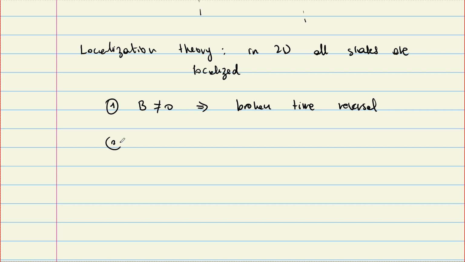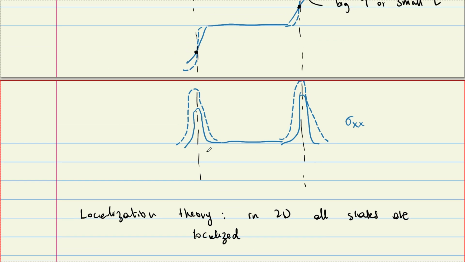What we are seeing is sigma xx is non-zero around the plateau transition. So this localization theory we laid out seems not to be working, because sigma xx is peaking up.